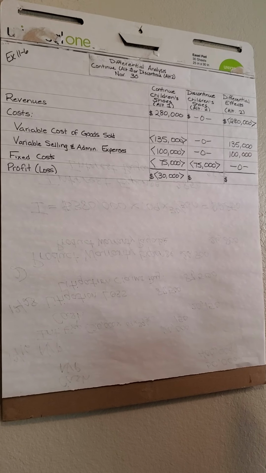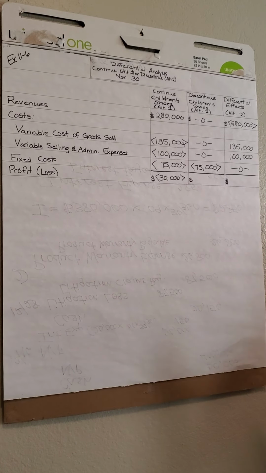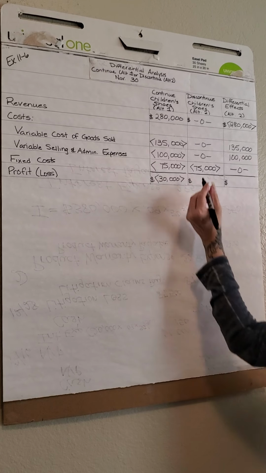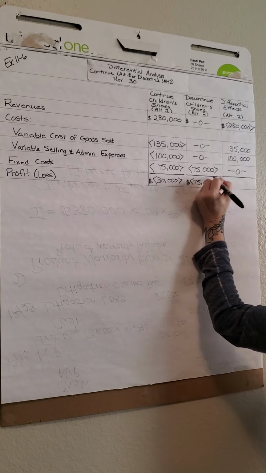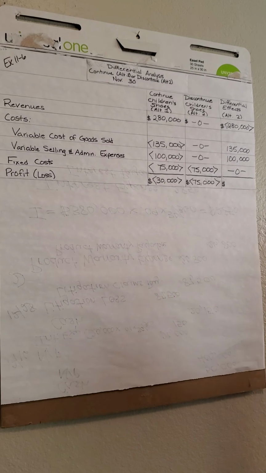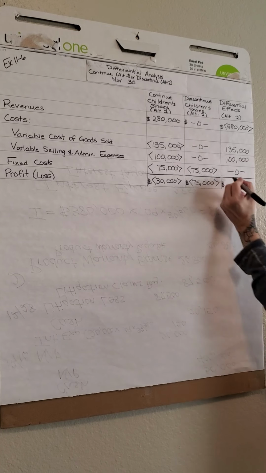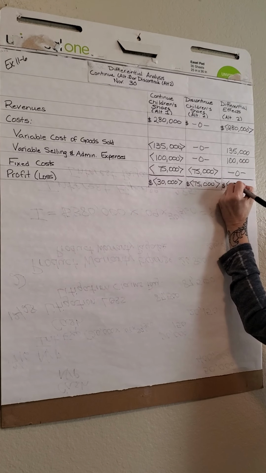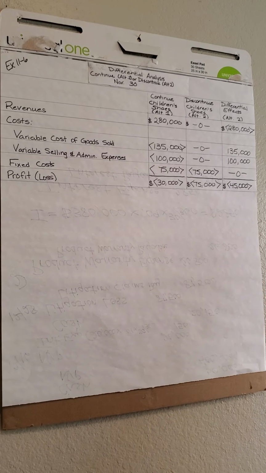If we discontinue the children's shoes, well, now we've got over here a $75,000 cost. And so the differential effects would be an additional decrease of $45,000 just by discontinuing the children's shoe line.